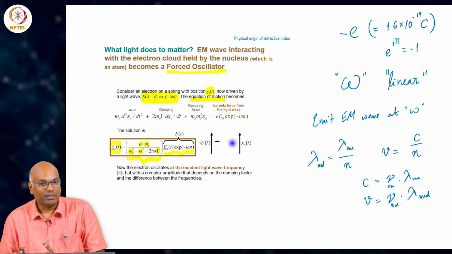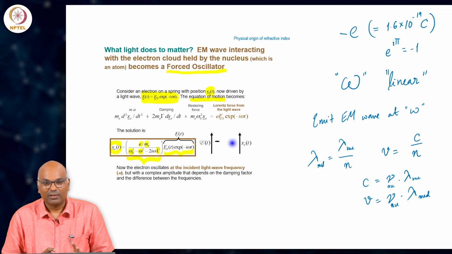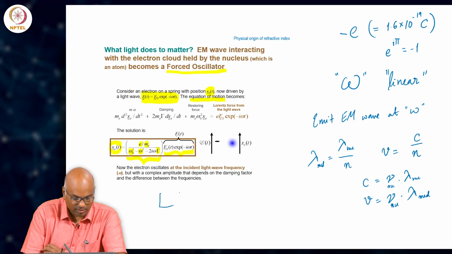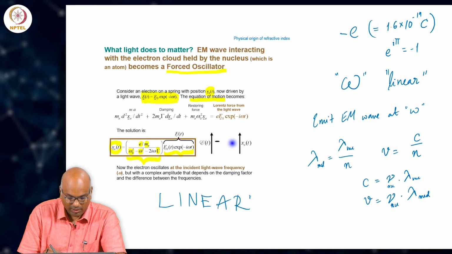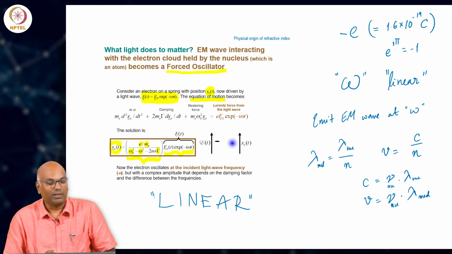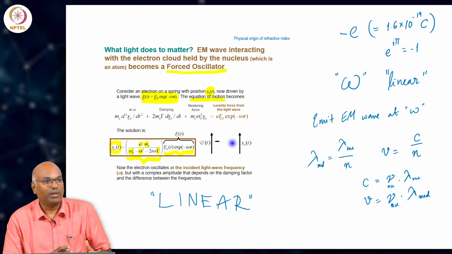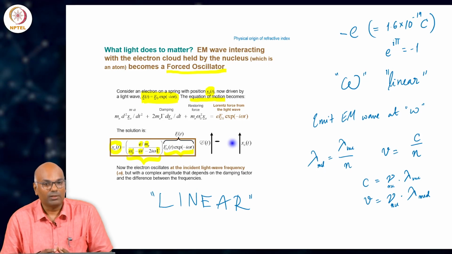The frequency is unchanged because the interaction is linear. It is a consequence of the linearity in the interaction of light with matter that frequency remains a constant.